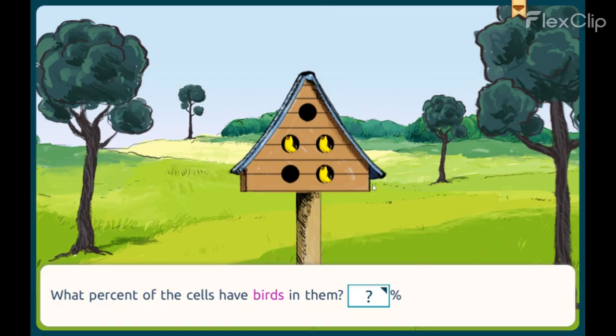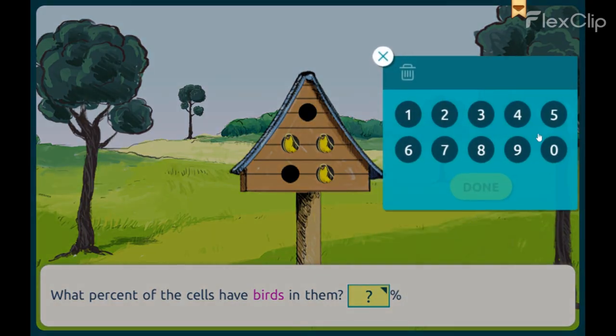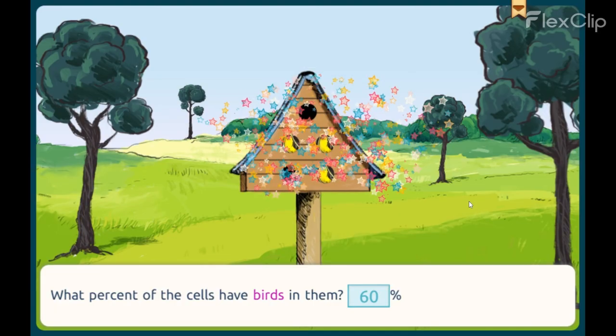And we know now that 20% and 20%, and here 20 and 20 and 20, 60 and 40%. And we have to figure out the question: what percent of the cells have birds in them? 20, 40, 60. That's right. Oh, birdies. We can even mark you. 60% of the birds are inside.